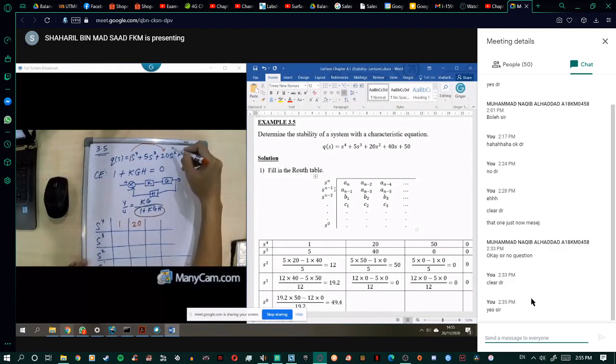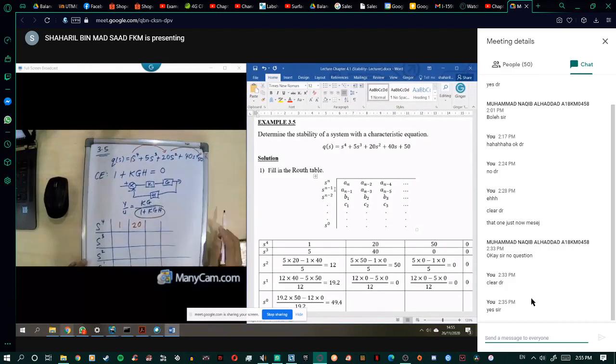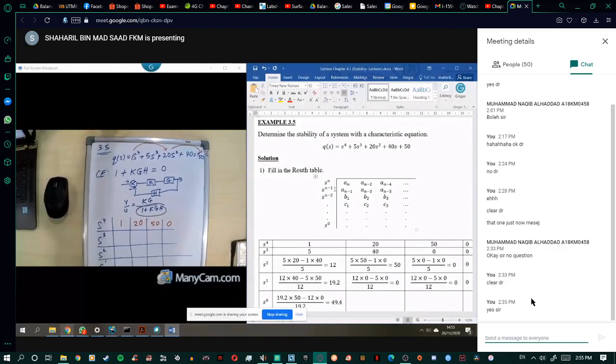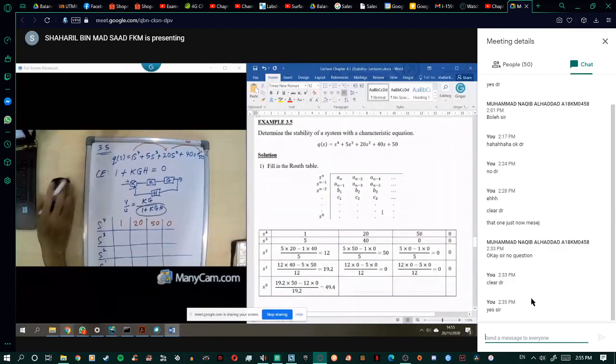Skip again, and look at this one, 50. Then after that, put a 0. Done? Clear?